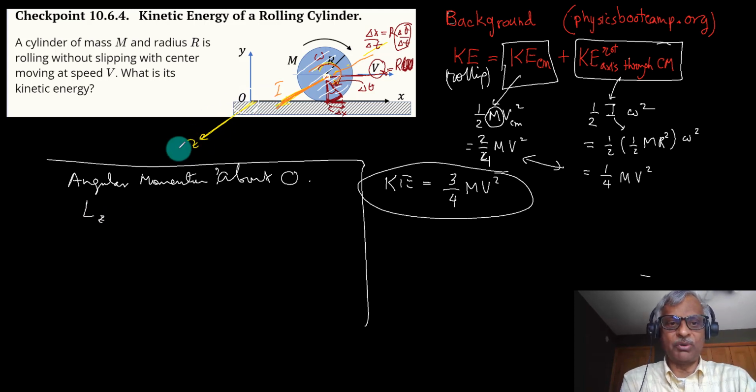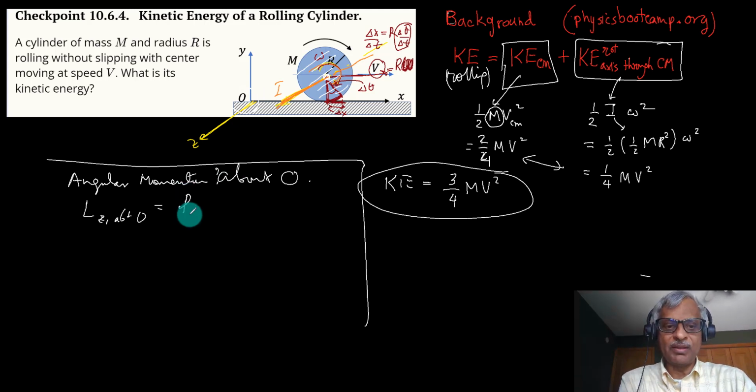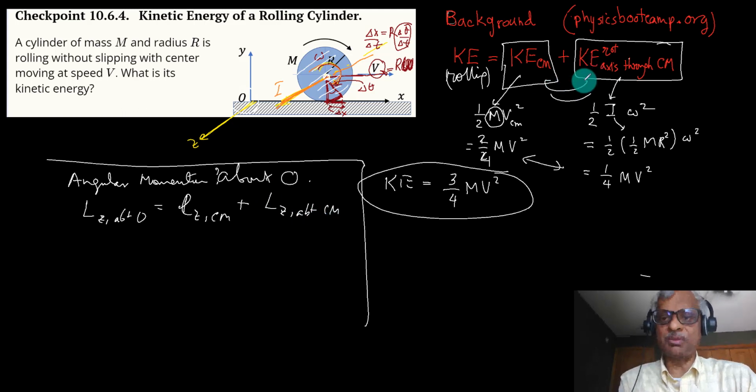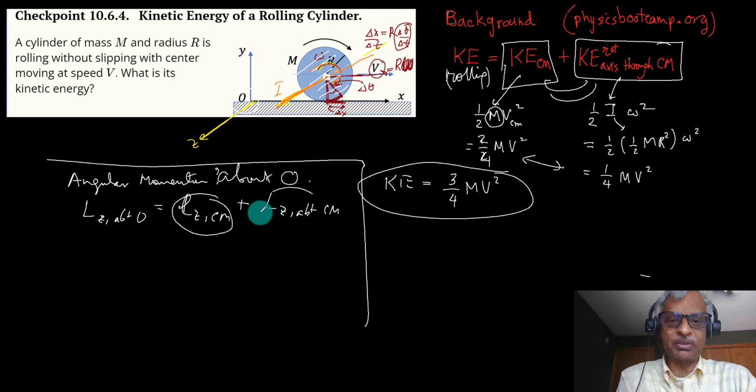L_Z about O will be L_Z of the CM plus L_Z about the CM. So it's going to be exactly the same kind of separation, two parts like this.